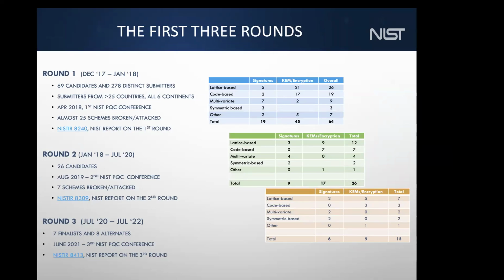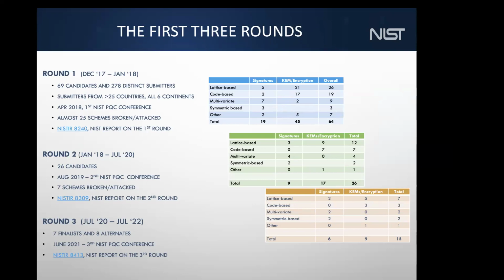We held a workshop, and every team got to present their algorithm. There was a lot of different research done, and a lot of the algorithms were broken. Then at the end of the first round, we selected the most promising algorithms to move on into a second round, and then similar for the second round, and then similar for the third round. The second round had 26 candidates, and then the third round had 7 finalists and 8 alternates that were being evaluated.